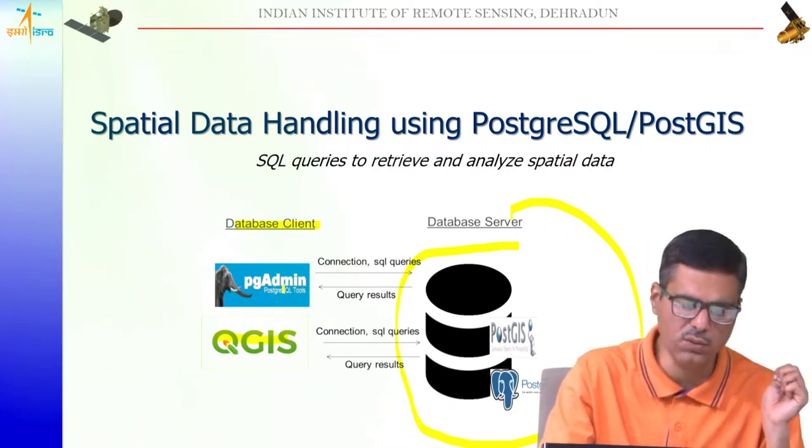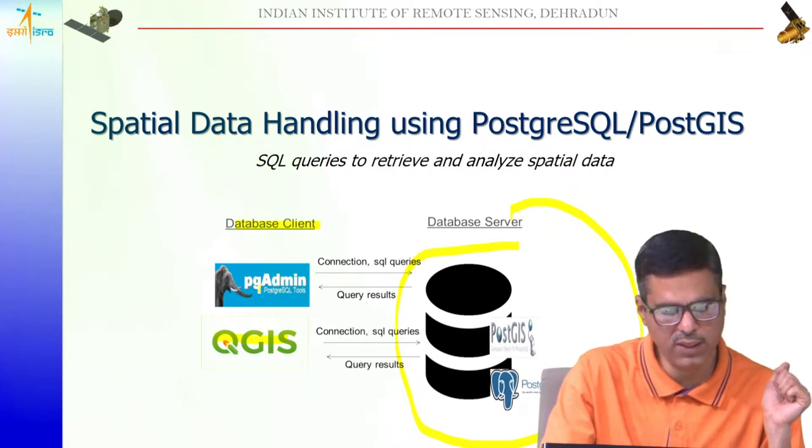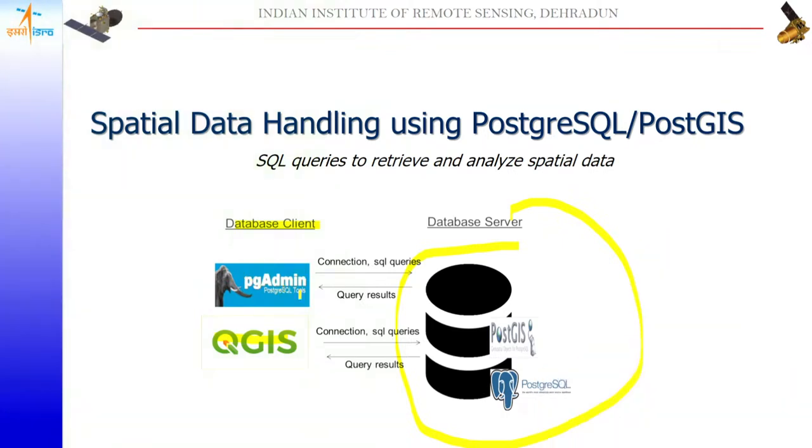Or we could also use the clients provided with the database, which could be a GUI based client like pgAdmin in the case of Postgres, or it could also be psql, which is a command line interface. But since the data is hosted across the internet or an intranet, first we need to establish the connection by providing the necessary credentials, which could be username and password, along with the IP address or the domain on which the database is running, and also the port on which it is listening for requests.